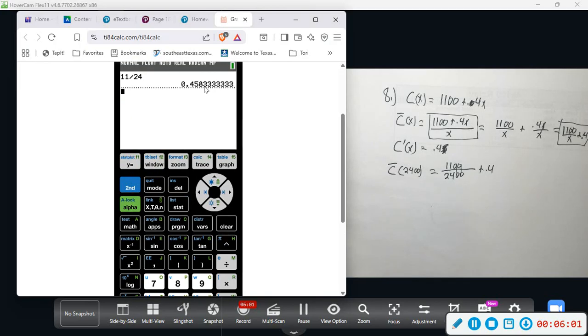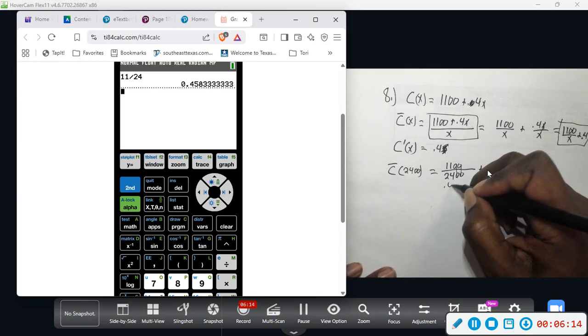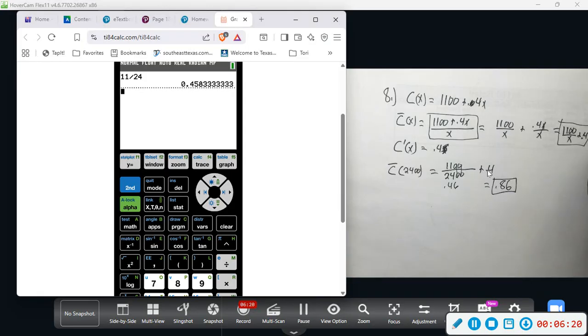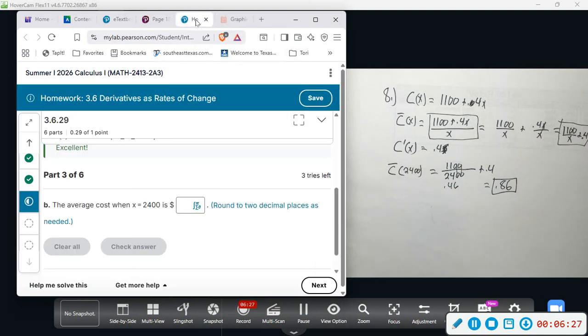All right, so to 2 decimal places, we get about 0.46. Plus 0.4, that's going to give us about 0.86. So our average cost for producing 2,400 units is about 0.86, rounded to 2 decimal places.